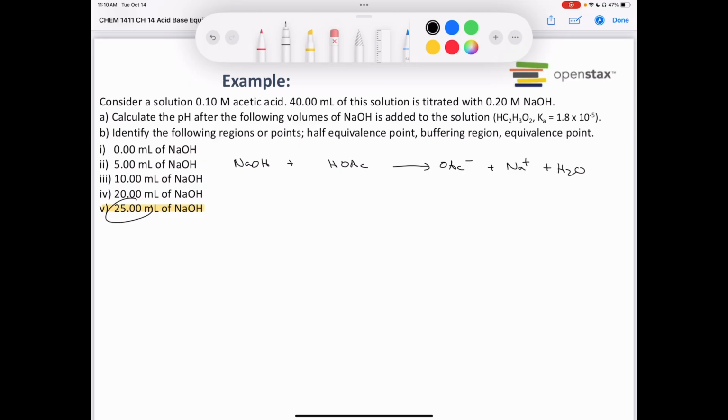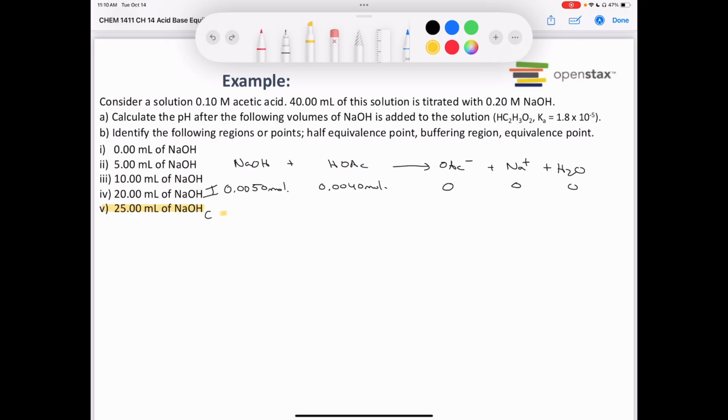So I have my 25 mL, so I divide that by 1,000, 0.025 liters multiplied by my concentration, and I end up with 0.0050 moles of my sodium hydroxide. As always, I'm starting with my 0.0040 moles of my acetic acid. So I'll put zeros here. So you can see now that the weak acid, my acetic acid, is the limiting reactant.